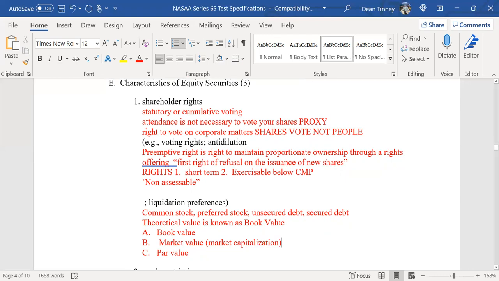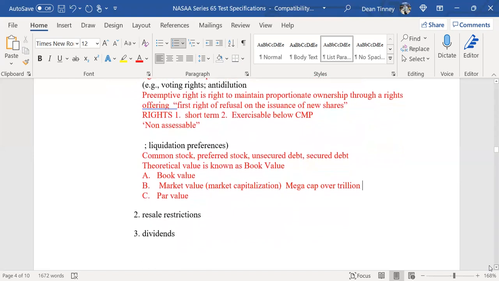Now, I'm just joking here, but they're talking about a new category called mega cap. Mega cap would be over $1 trillion in market value. If we take all the shares of Microsoft or Amazon or Google and multiply by the number of shares outstanding, we would come up with $1 trillion. So that's just a joke, for now, but you never know, right?